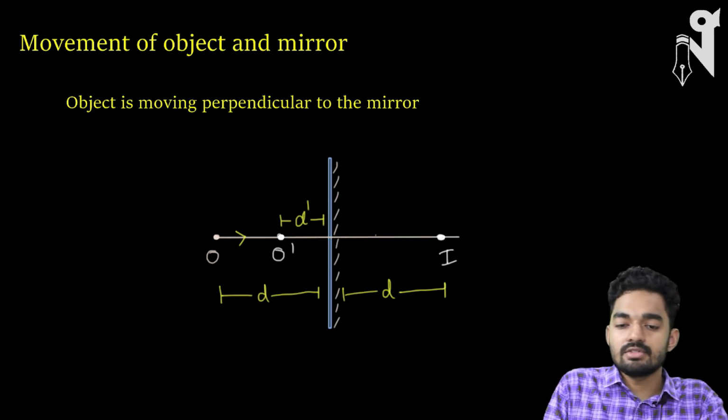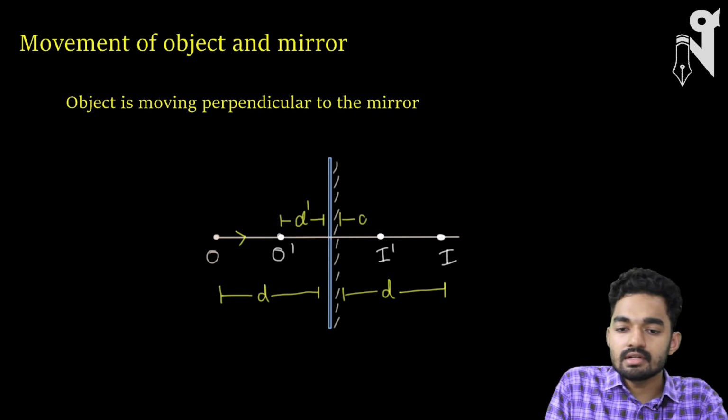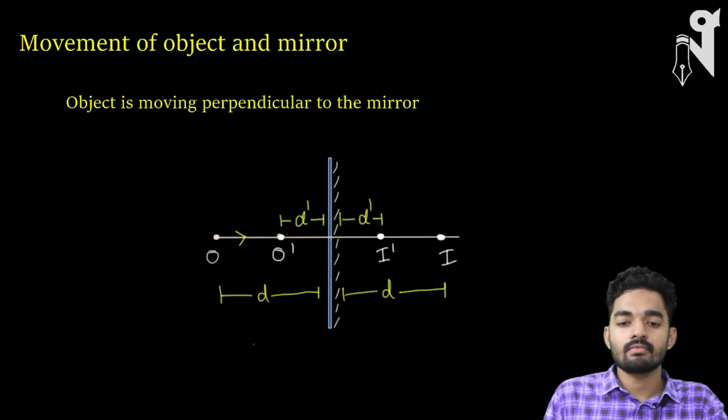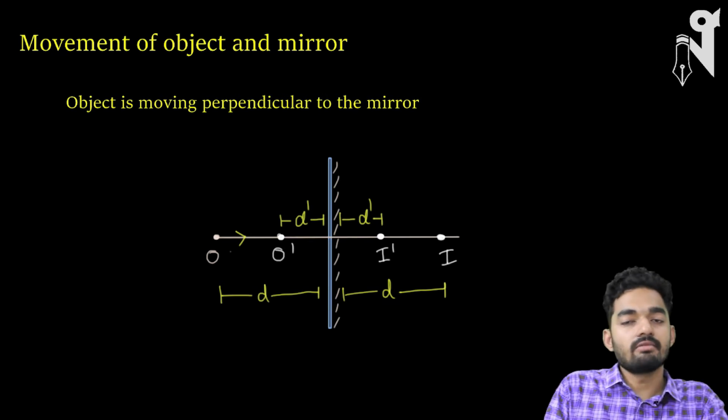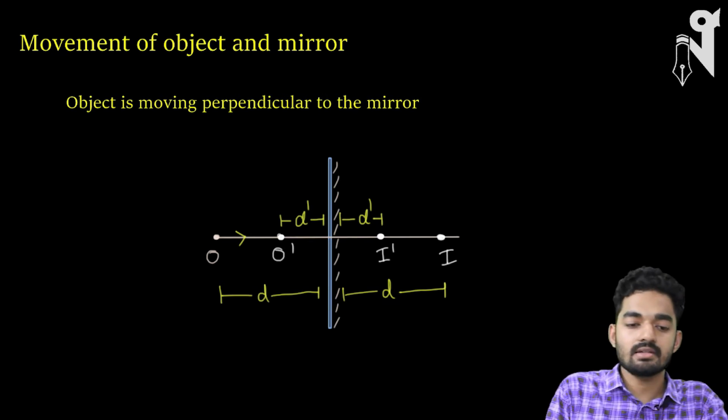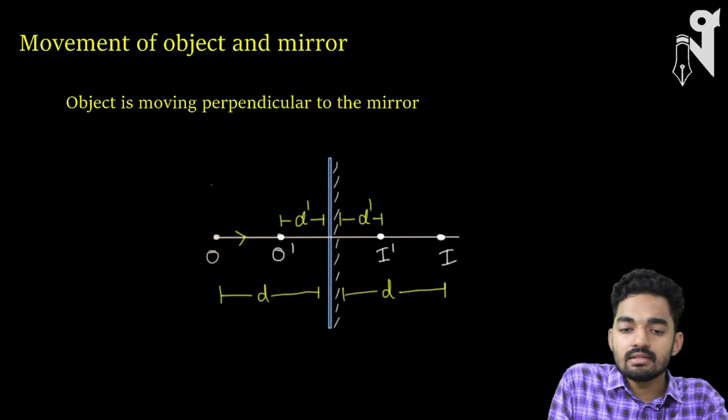Obviously the image should also lie on the same line, and the image distance should be d dash. So the new image distance, this one, is d dash, right? So now look at the amount by which the object got displaced. Well, it is basically this distance, right?